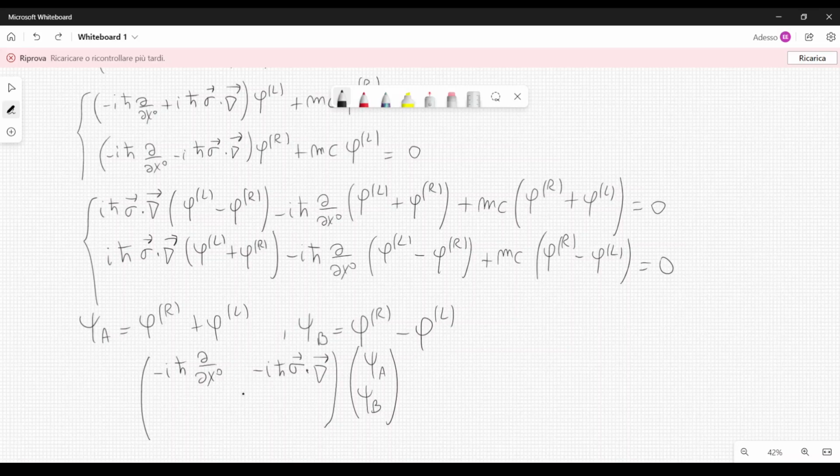And then below we have i h bar sigma dot del, i h bar d over dx0, plus mc, acting on psi_a, psi_b equal to 0. So this is actually a four component zero, it should be written like that, but never mind.